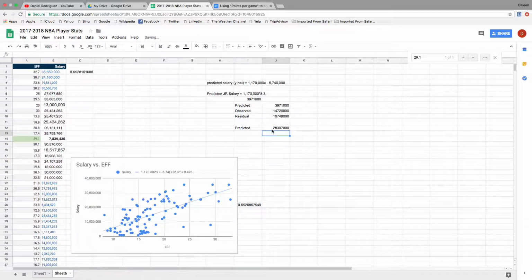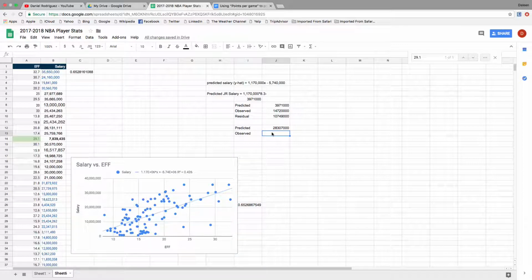So his predicted salary is 28,307,000. Observed is his real salary, which is, if I go down here and hover, 7,839,435.